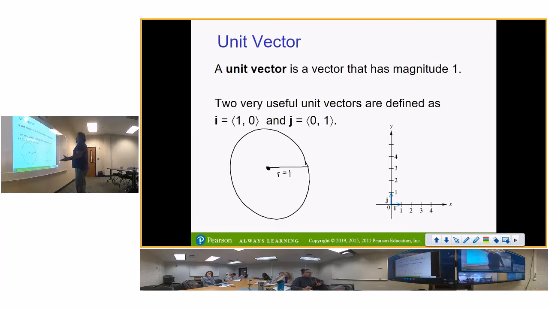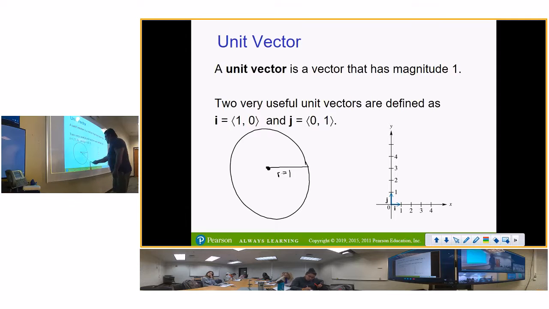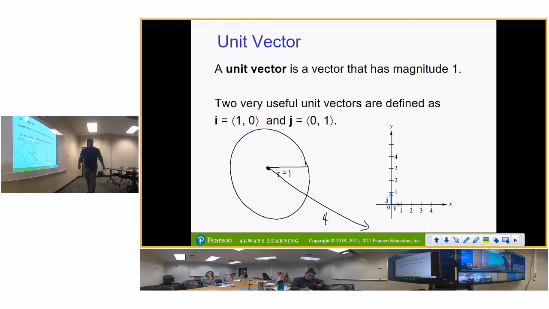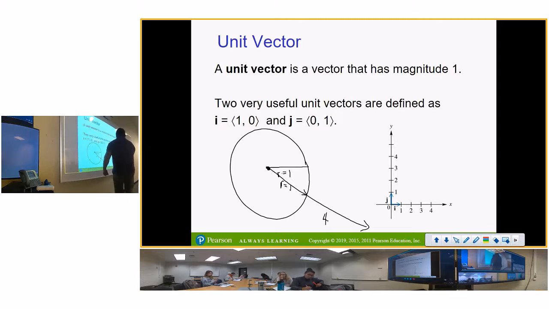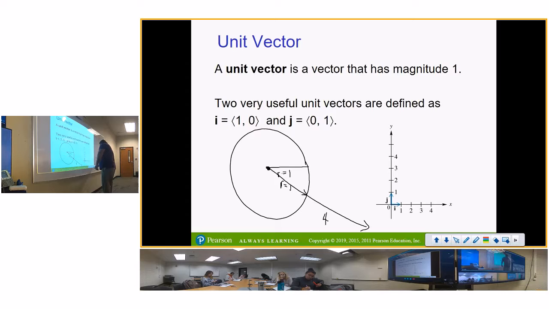So if I have a vector, and let's say this vector is, I got a magnitude of 4. Everybody with me? Then the unit vector is the vector that's represented at r is equal to what? 1. So you have a unit vector inside all vectors.